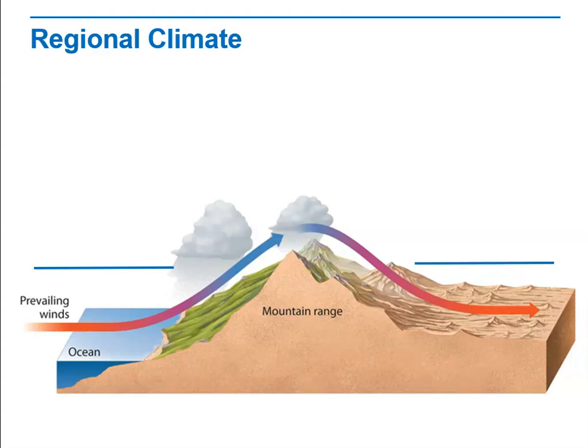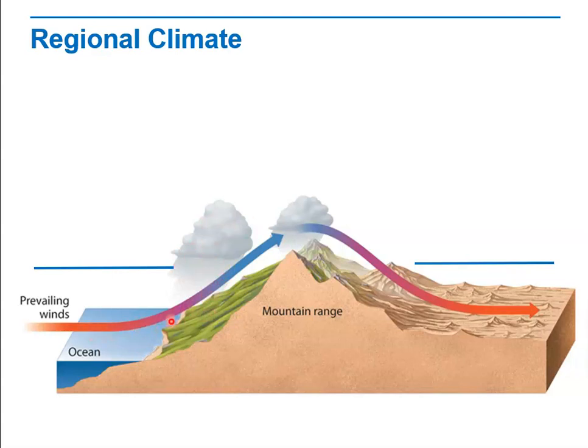If you look at this diagram, you can see the effect of coastal mountains on regional climates. This is an example of what we see near Oregon at the Cascade Mountains. As moist ocean air rises over the upwind side of the coastal mountains, you can see that it condenses, which means it forms clouds.